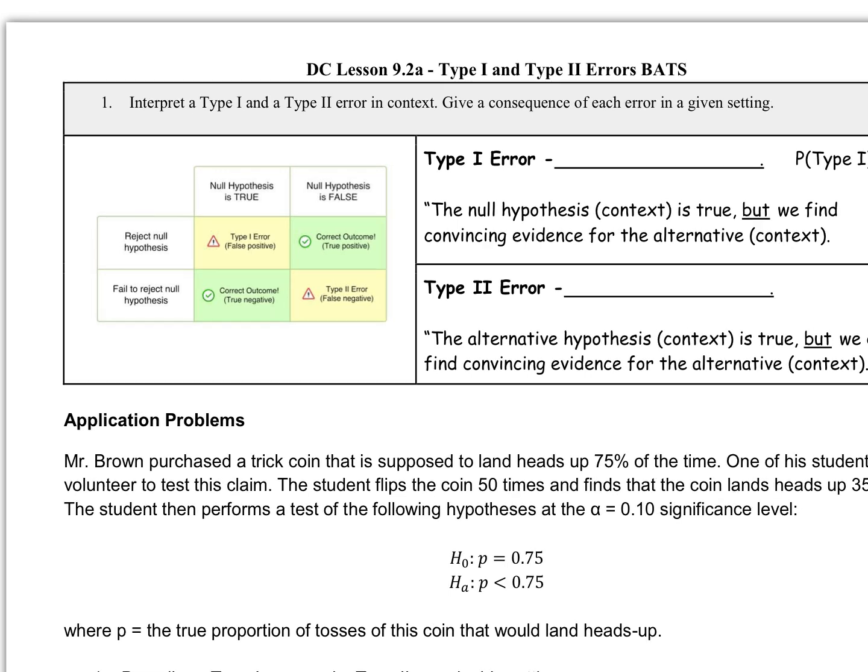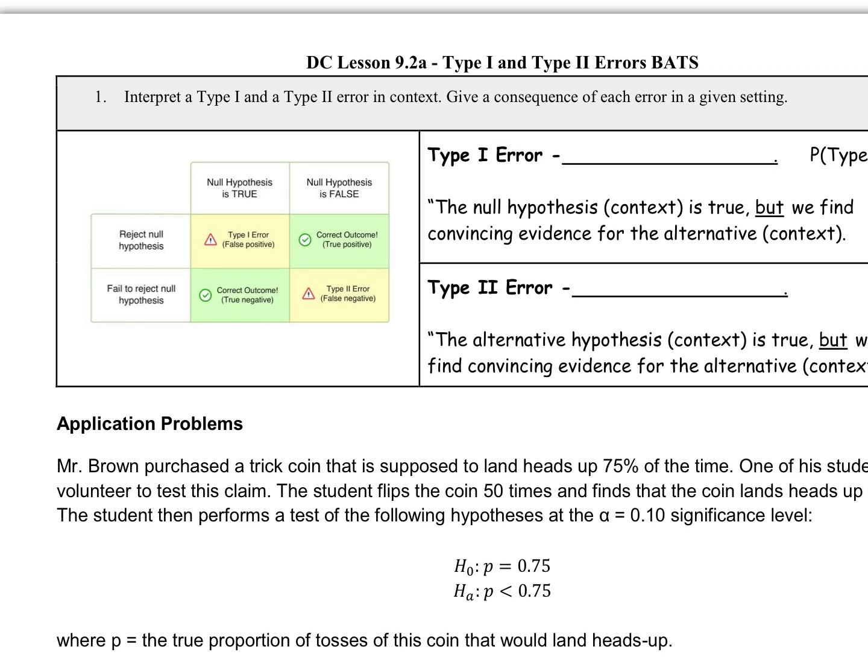Okay. So here's this lovely little table of all the possible decisions we could make when we do a hypothesis test, and we determine what is true based on our evidence. This is in stats language, so let's just chew it up and figure it out. If we rejected the null, but the null was true, the claim is true, we rejected it, that's a type 1 error.